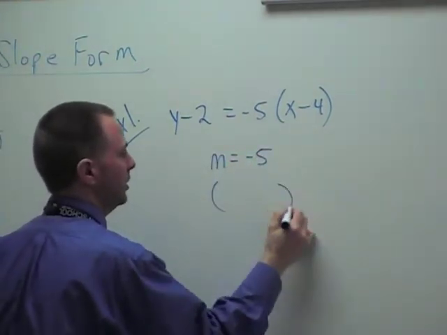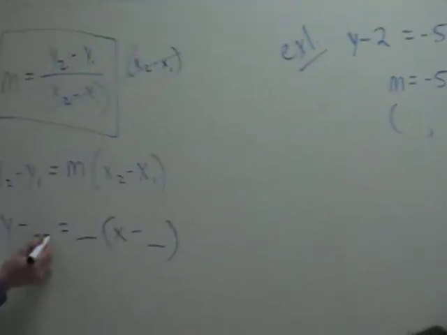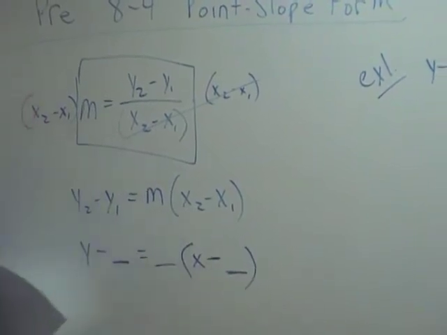Now the question is, what is the point they gave you? Look at the formula. It's y minus this value, and x minus this value.